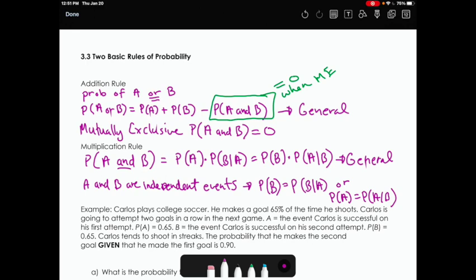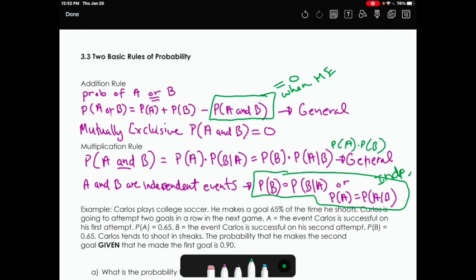In other words, the probability of B is not going to be affected by event A, and the probability of event A is not going to be affected by event B. So this would be the special case if they were independent. Now, if they were independent and you have that these are equivalent, then the probability of A and B is just the probability of A times the probability of B.